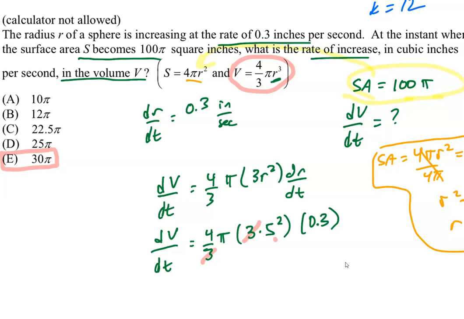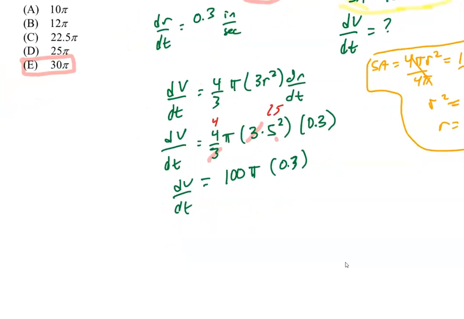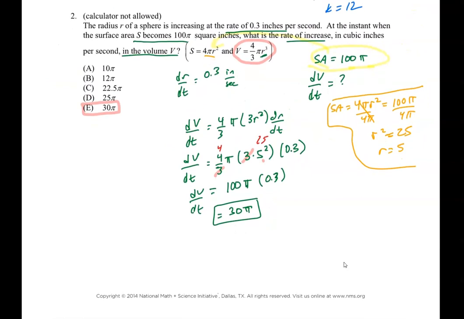Yeah, 25. That's 4. 25 times 4 is 100 pi. So this is 100 pi times 0.3. And what's 100 times 0.3? 30. Yeah, so this is 30 pi. Even stuff like that, so get good at reducing fractions and stuff.